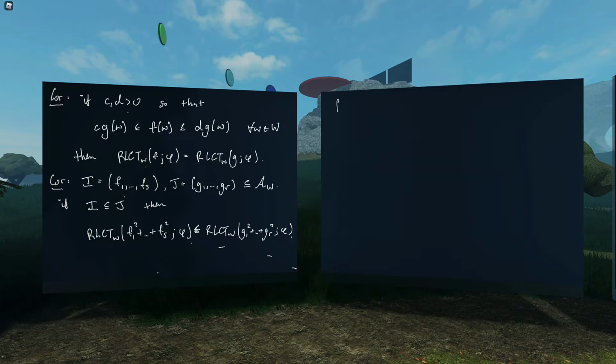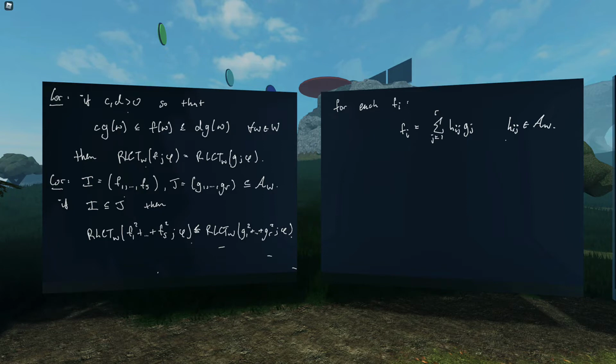First, for each i, we can write f_i in terms of the g_j with functions for coefficients. That's just what it means for each of the f_i to be in the ideal J. So f_i equals the sum over j from 1 up to r of h_ij times g_j, where each of these h_ij is in the ring of analytic functions.